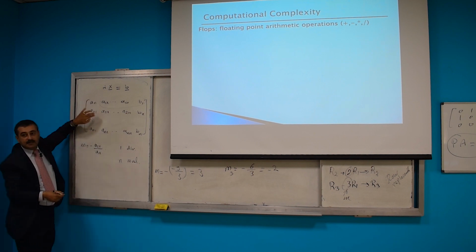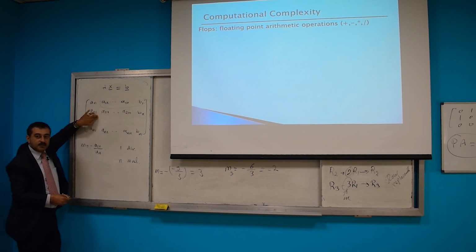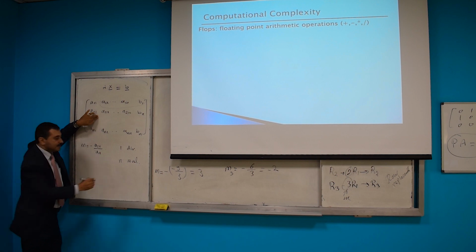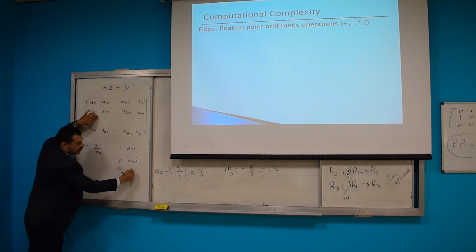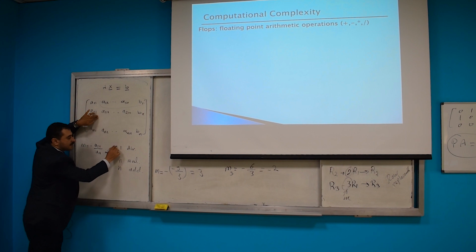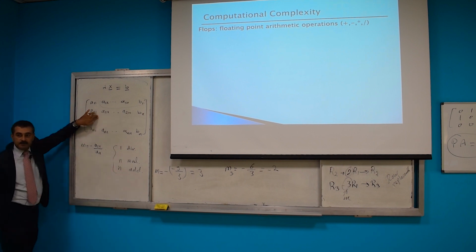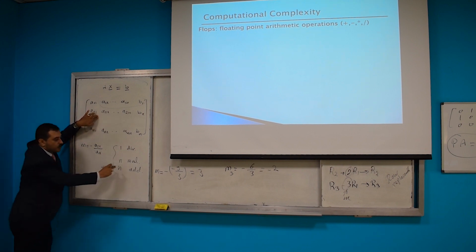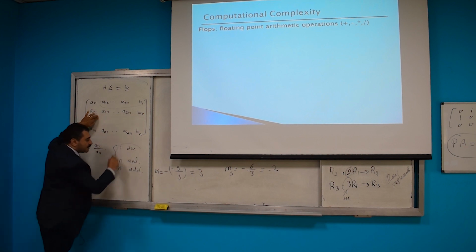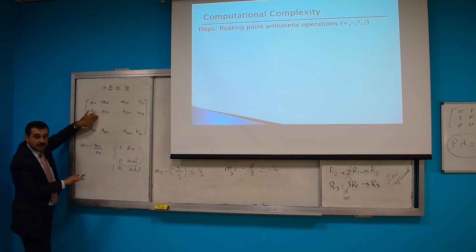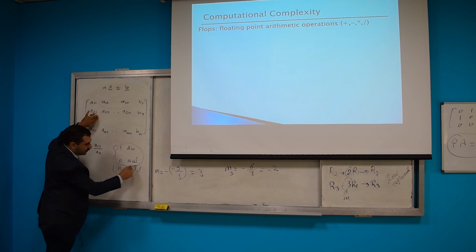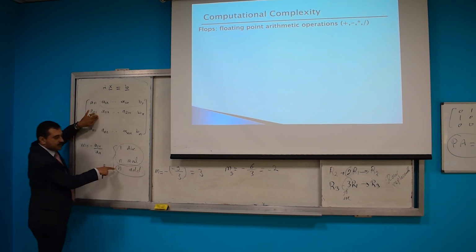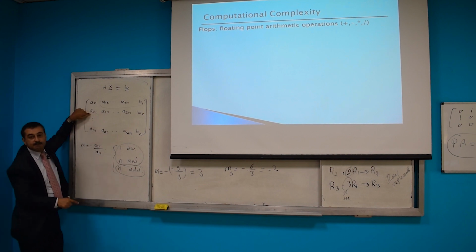And then add to the elements of the second row. How many additions? N additions. Let's sum these guys together, multiplication and division, and addition and subtraction. So you have n plus 1 multiplication and division, and n additions to eliminate this guy.